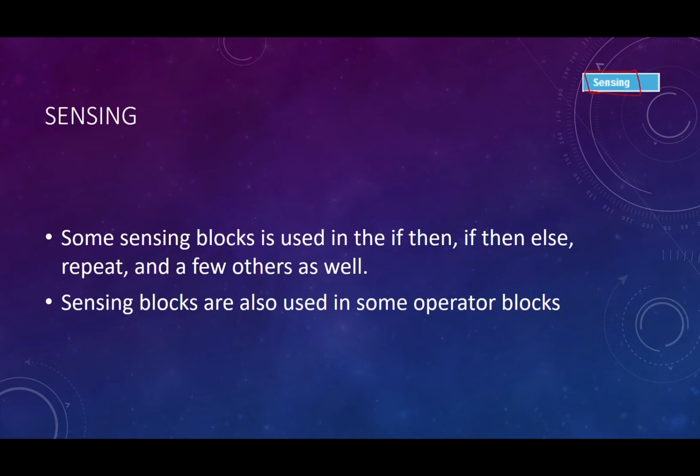Or repeat: if this happens, then repeat this over and over, using a loop block under if then else. You can also use some sensing blocks in operator blocks, such as, if this object does this, then change the color of it, or change the background.